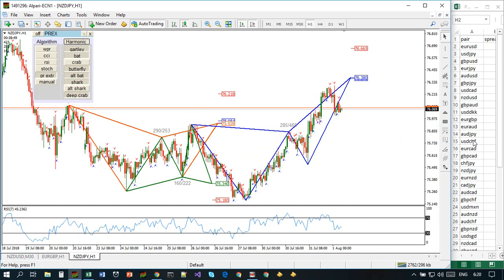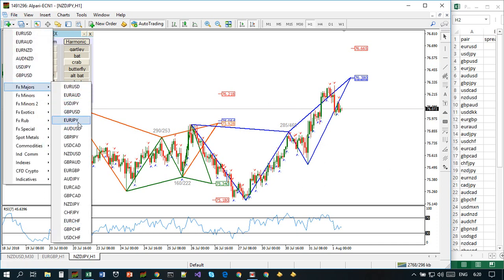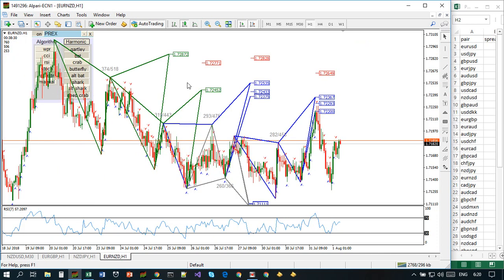And what is Euro New Zealand? Let's go to check Euro New Zealand. They are potential patterns. Okay, now we switch to minor pairs. So what do we have?